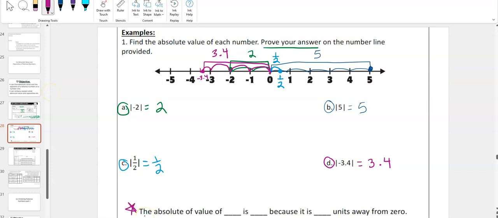The absolute value of blank is blank because it is blank units away from 0. So if I was doing this for D, I would say the absolute value of negative 3.4, because that's the number inside my absolute value sign, is positive 3.4 because it is 3.4 units away from 0. All right, pause it and write it down.